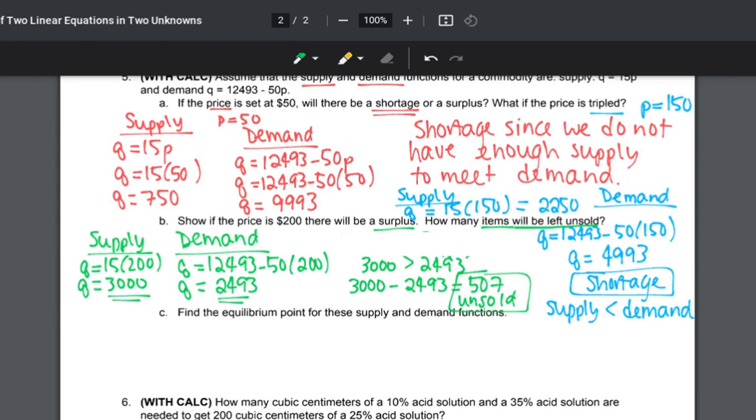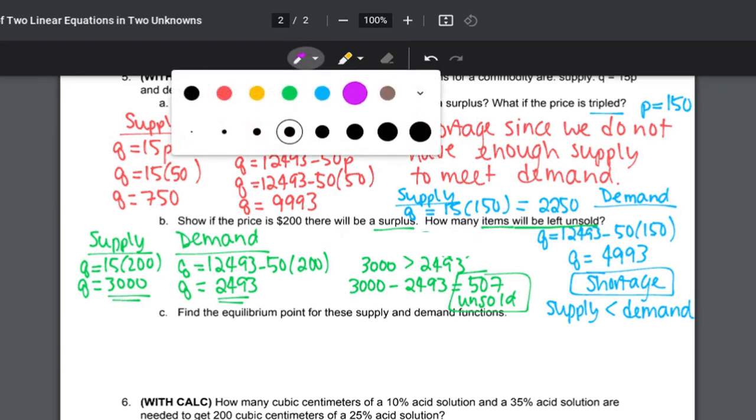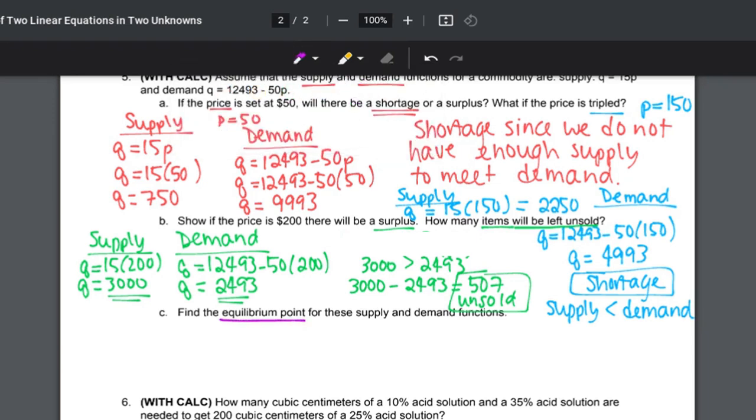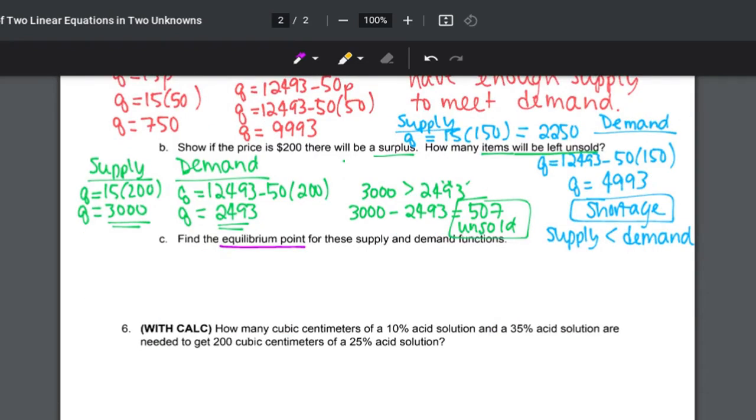Then in part C, it says find the equilibrium point for these supply and demand functions. So it's got to be somewhere in between the 150 price and the $200 price. Basically, we want to solve this system of equations. So Q equals 15P and Q equals 12,493 minus 50P.